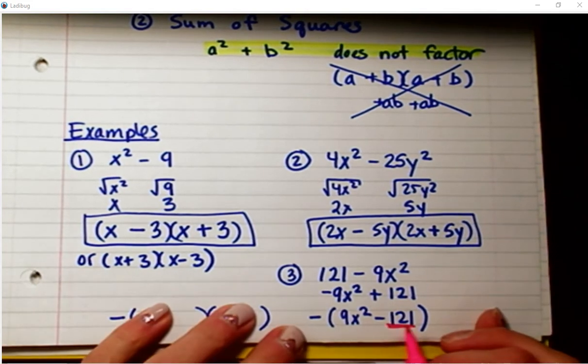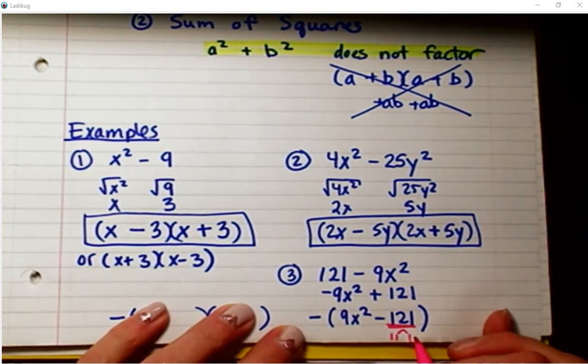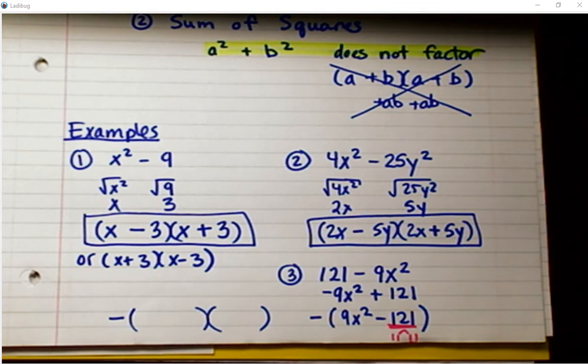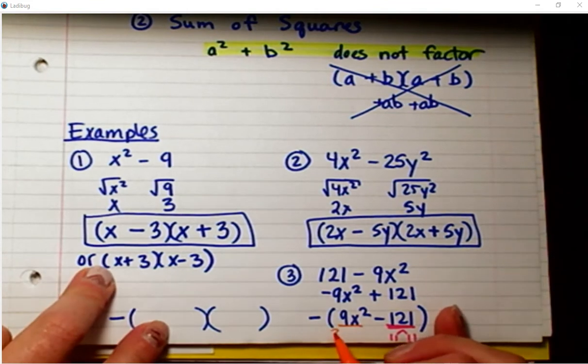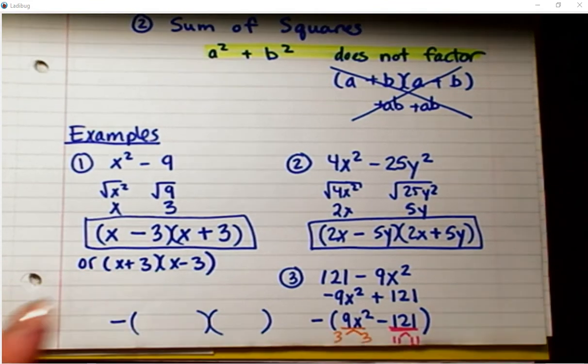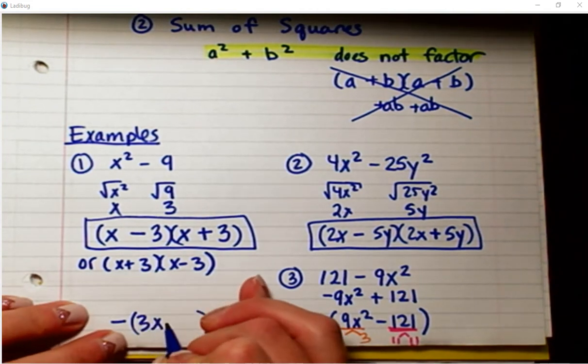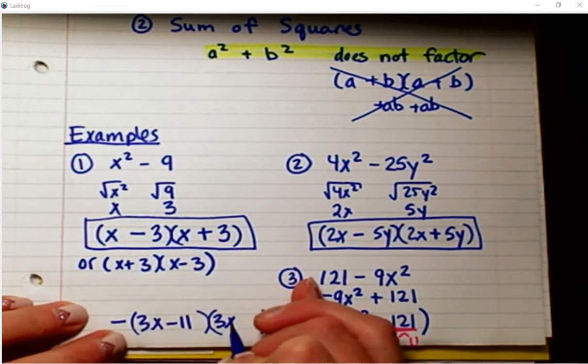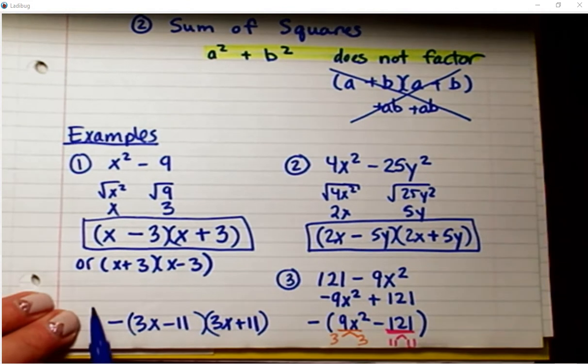All right, so here is 11 times 11. Here is 3 times 3. Oh, that's how I'm going to get my middle term to cancel out. 3x minus 11, 3x plus 11.